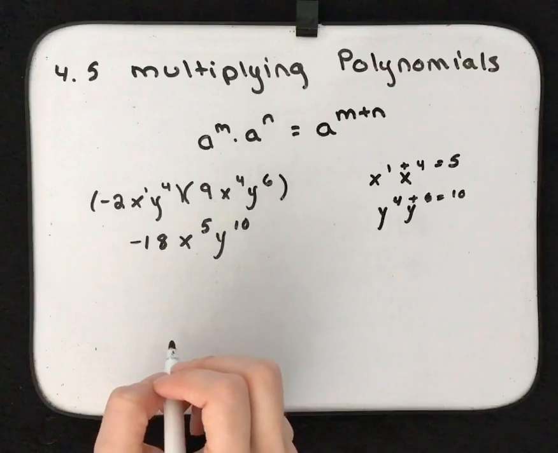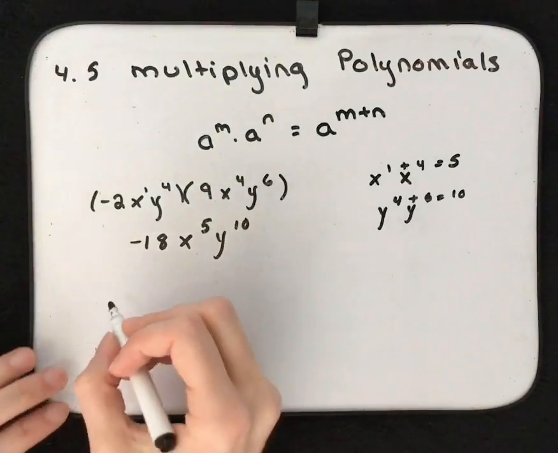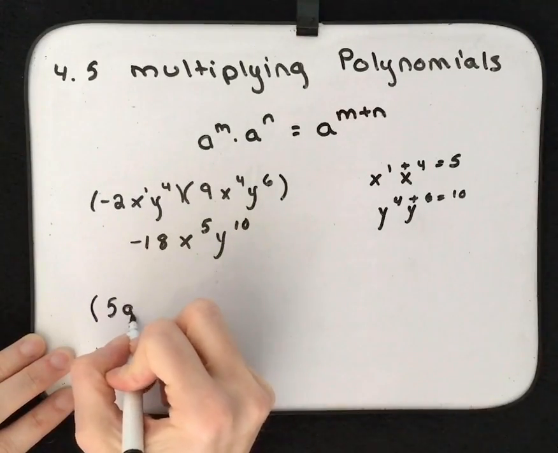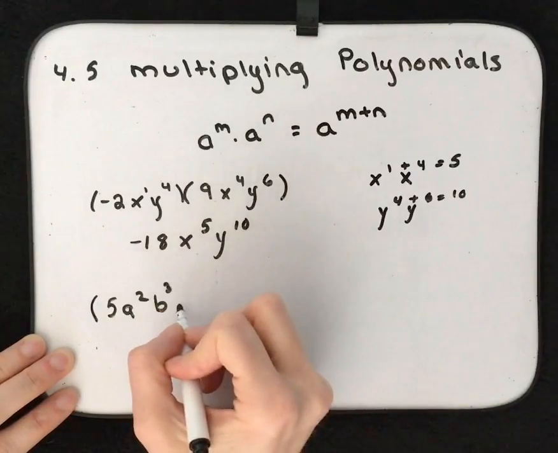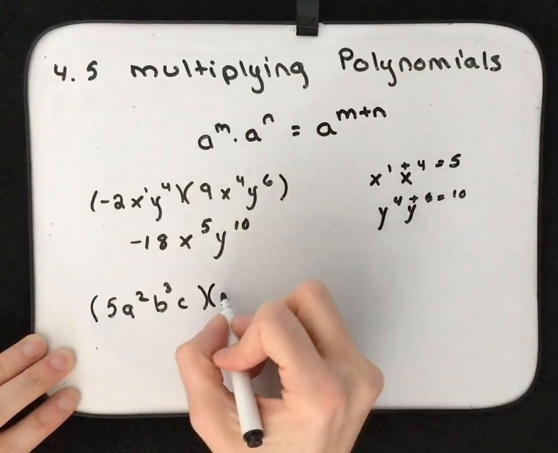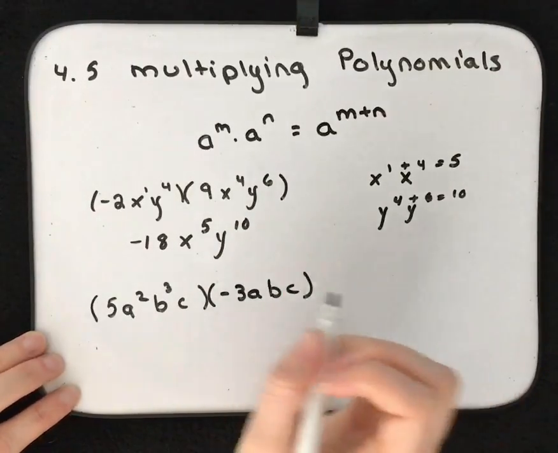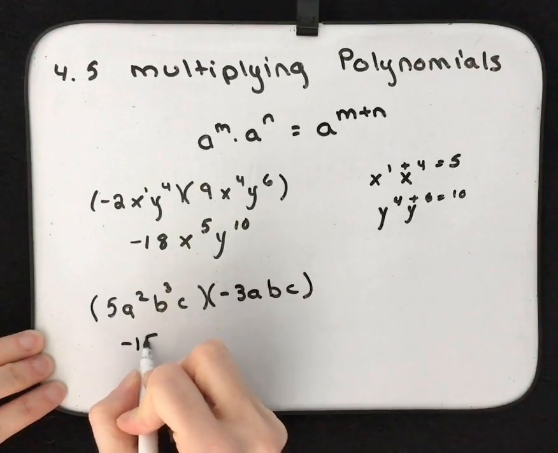Let's try again. A to the second, b to the third c times negative 3 a b c. So I have 5 times negative 3, that gives me negative 15.